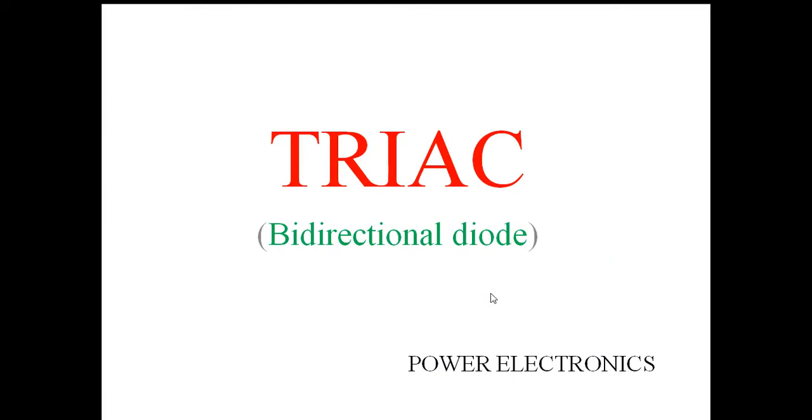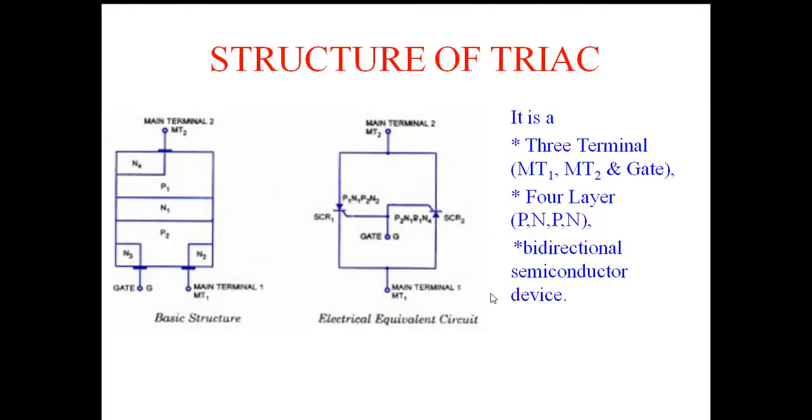This feature will be used in those applications. The next power electronic device we are going to discuss is the triac. Triac is also called a bidirectional SCR, two SCRs connected in anti-parallel.